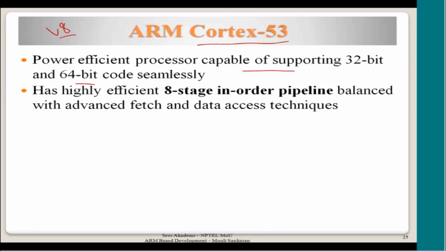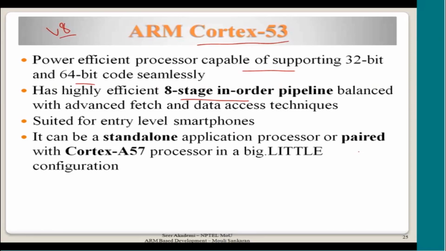Highly efficient 8-stage in-order pipeline. You saw out of order execution, superscalar execution in the previous discussion, right? So here it's an in-order pipeline with 8 stages, which is more than what we saw in ARM7. Suited for entry-level smartphones, and it can be a standalone application processor or paired with an A57.